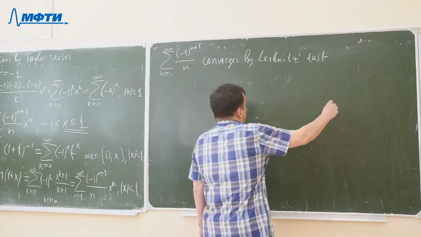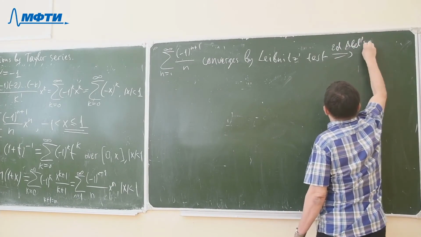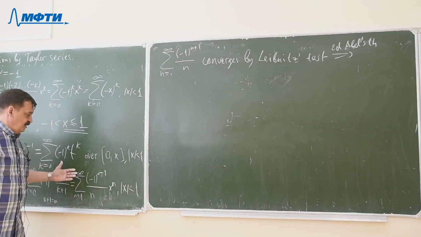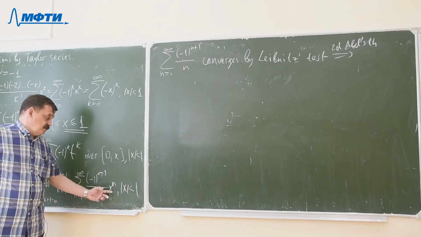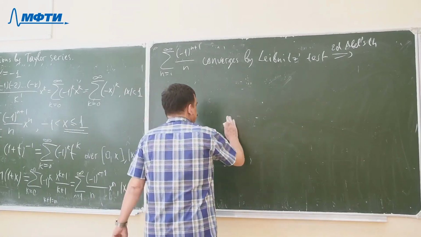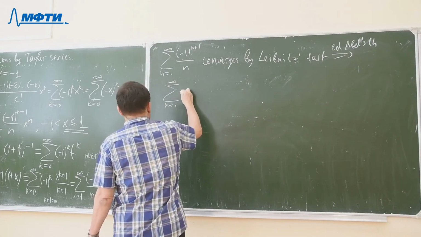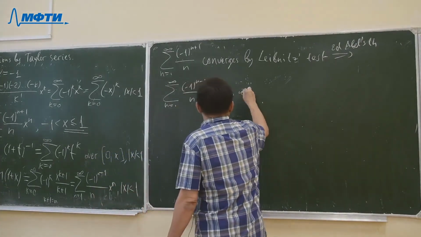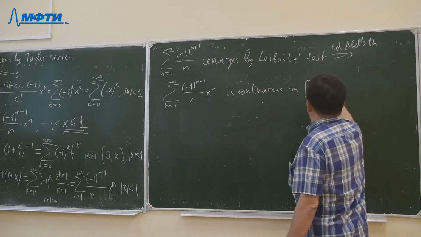Hence, by the second Abel's theorem, what do we deduce? So what does the second Abel's theorem say? If a power series converges at a point, then the sum of this series is continuous up to that point. So the sum of our series is continuous on 0, 1.